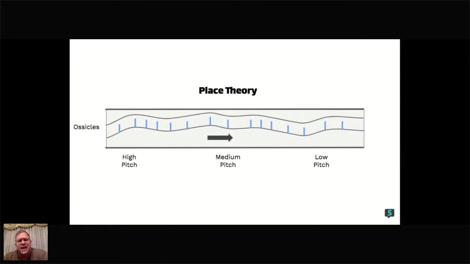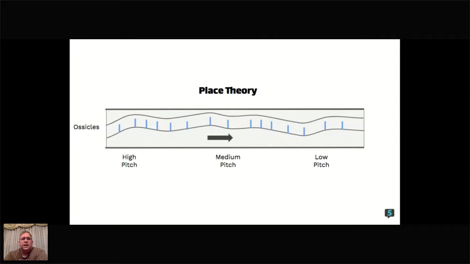So at the very beginning of the cochlea, a high-pitched sound would hit hairs in that section of the cochlea, whereas a low pitch would correspond to a much later part of the cochlea, and the medium pitches would be somewhere in the middle. The arrow represents the direction the wave is going here.